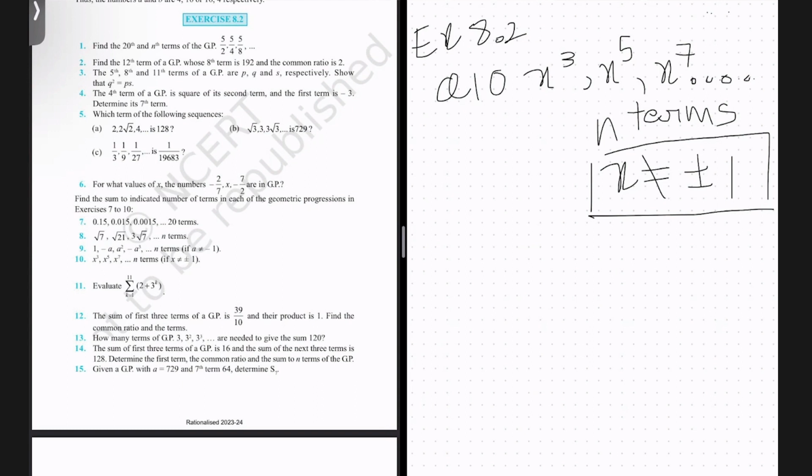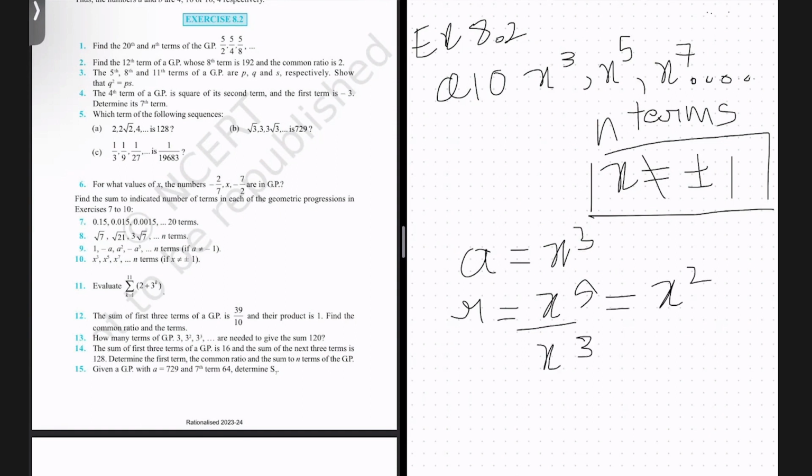So the first term of this GP is expressed as a equals x cube, correct? And common ratio is nothing but second term divided by first term. That is nothing but x raised to the power 5 divided by x cube. That's going to be x square, right? So the common ratio is x square.